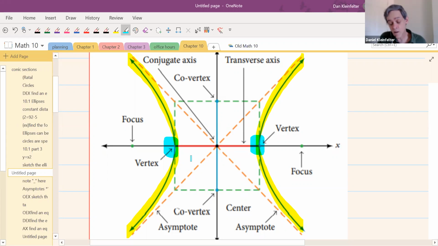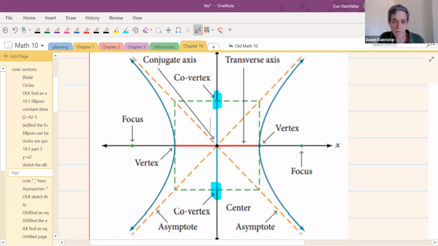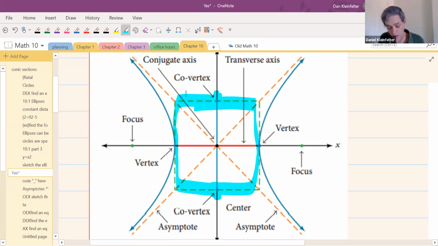There's also a co-vertex, or two co-vertices that appear here and here at the top and bottom of this picture, and those are not actually on the hyperbola itself. They form part of what's called a central box, which we'll talk about after a bit, shown here in green outline.